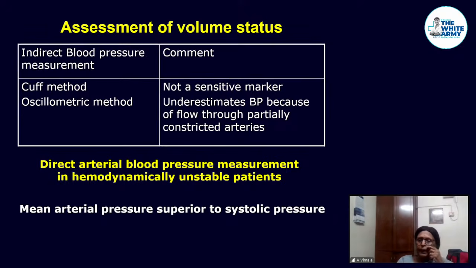You should go by the mean arterial pressure, which is the diastolic pressure plus one-third of the pulse pressure. It should be maintained around 60 to 65, not the systolic blood pressure.